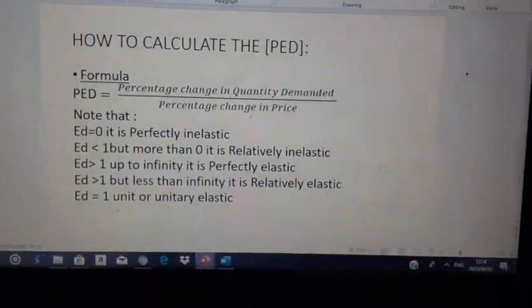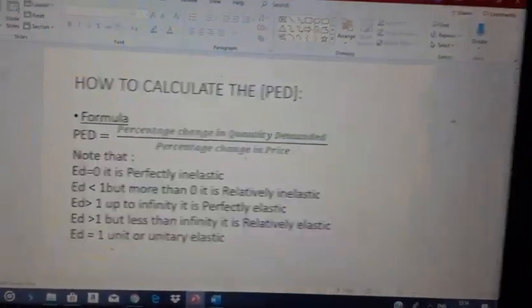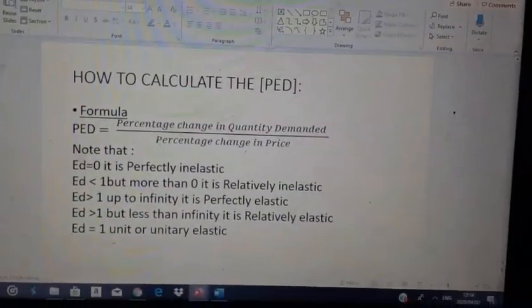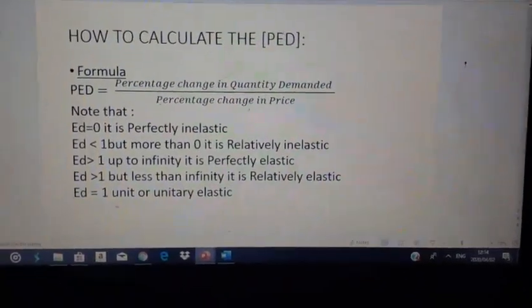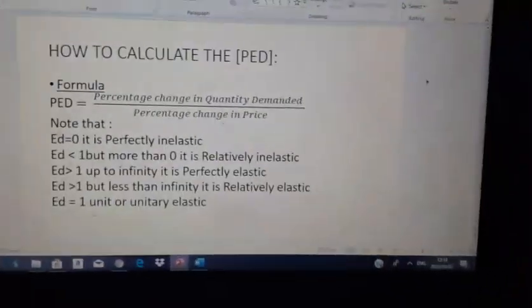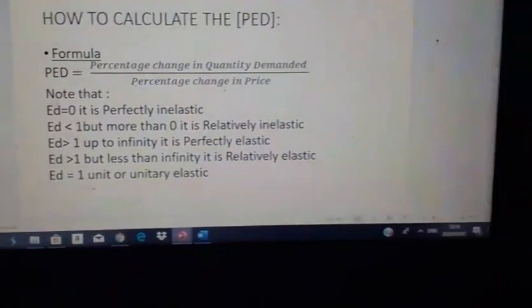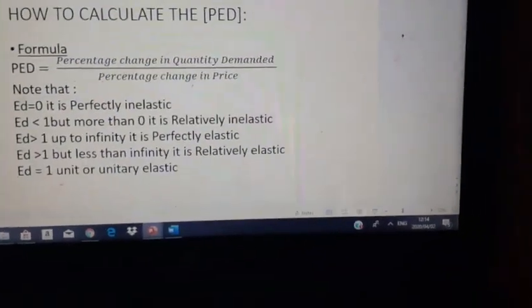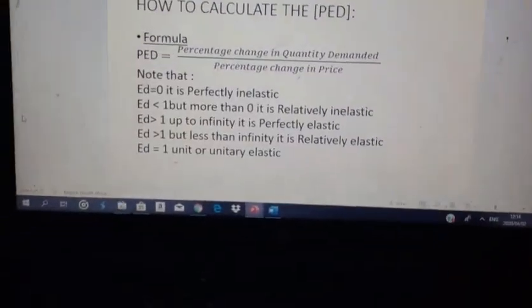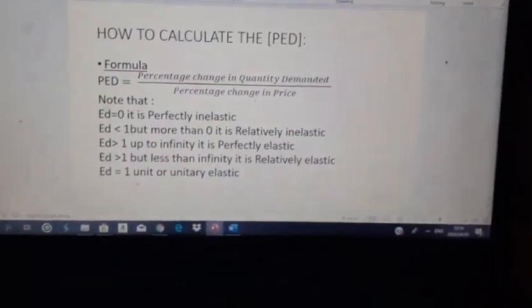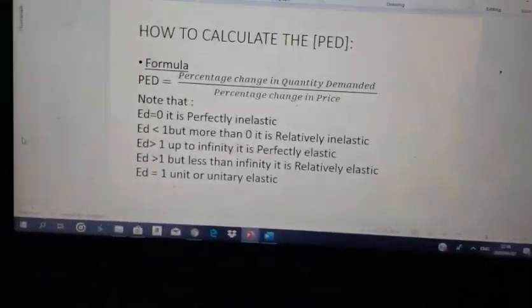If the elasticity of demand is equal now exactly to 1, then you know that that one is unit or unitary elastic. If it's equal to 1, you know that it is unit or unitary elastic.